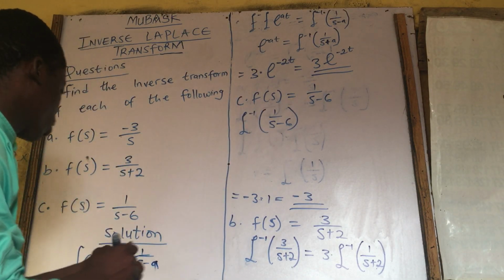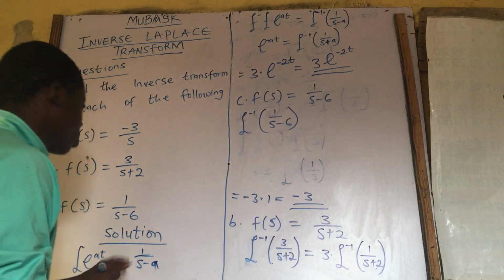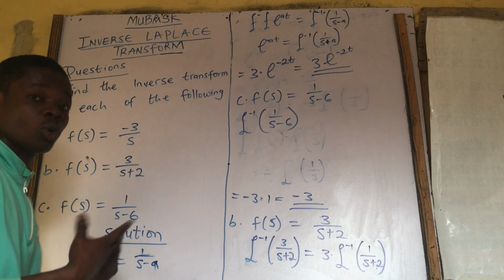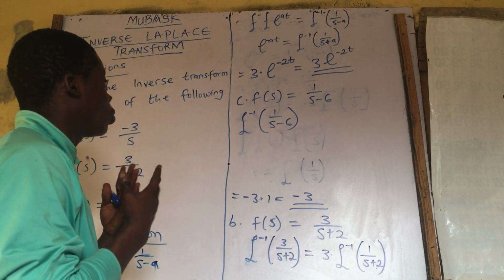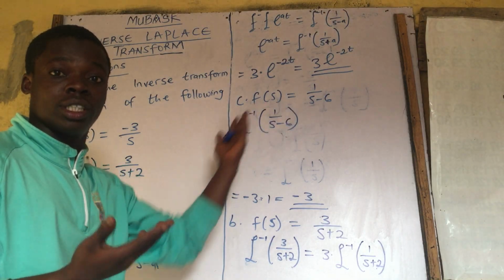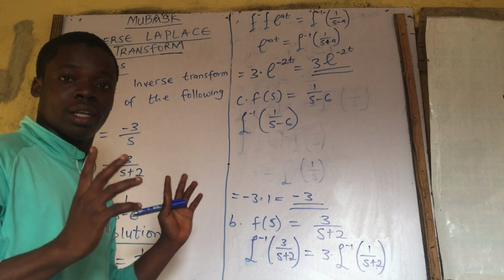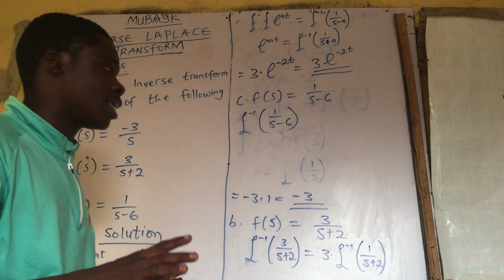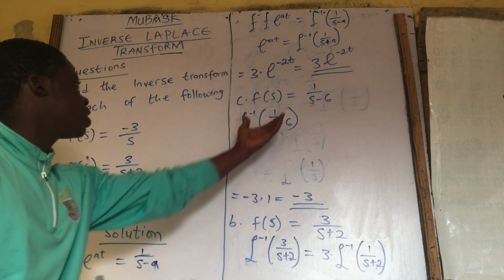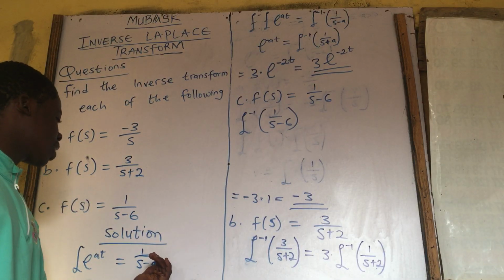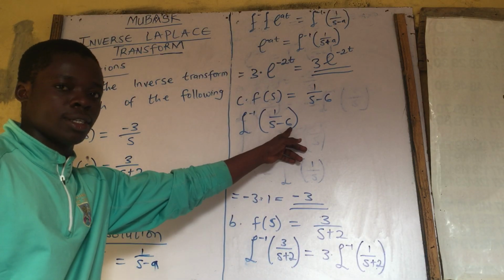If you look at it, they are almost the same thing, because you don't have anything to factorize out in this place. We only have 1, so we don't need to factorize anything out. We have 1, but the constant a is 6.